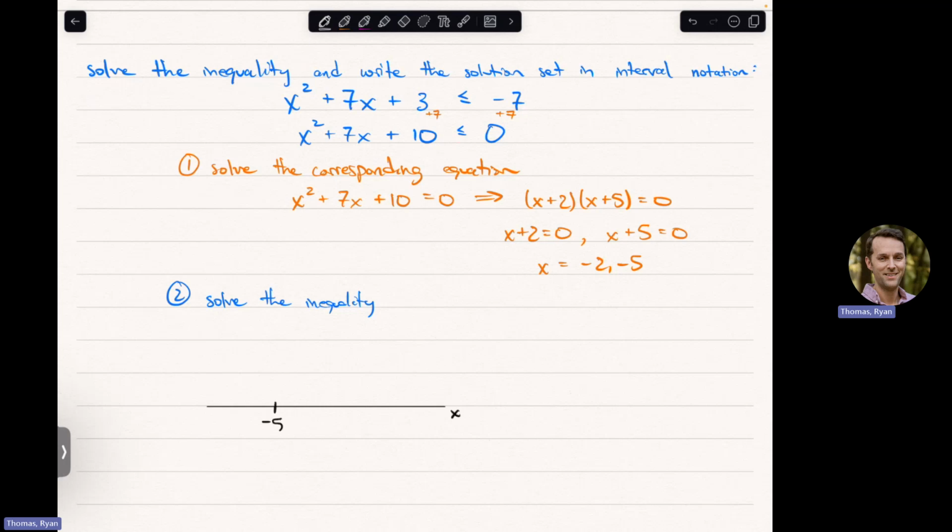I'm going to mark -5 and -2 as the two places where these things are exactly equal. That means everywhere else they're not equal, and the places that the inequality can change from true to false or vice versa are at these 2 points. So what I need to know is what happens around and between those.